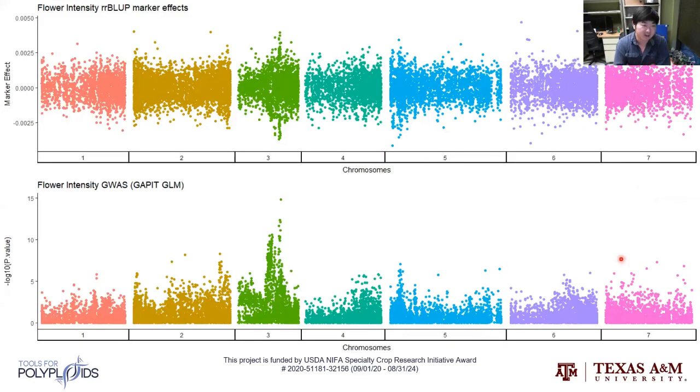So with stage-wise, you get marker effects for every single marker. What I want to show on this slide is, on the bottom, a GWAS using a really basic GLM model, and on the top, the RR-BLUP marker effects. This slide shows that using genomic prediction, we're able to capture the major effect QTL.